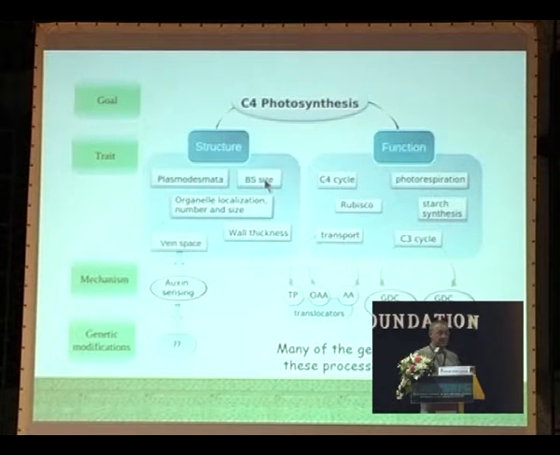The bundle sheath size and plastid number within those bundle sheaths has to be optimized and increased. Vein spacing has to be checked. And then the bundle sheath cells of C4 plants are highly suberized to make them largely gas-tight. And the genes that regulate suberin production and their deposition in specific cells, again, is unknown. So there's loads of unknowns.